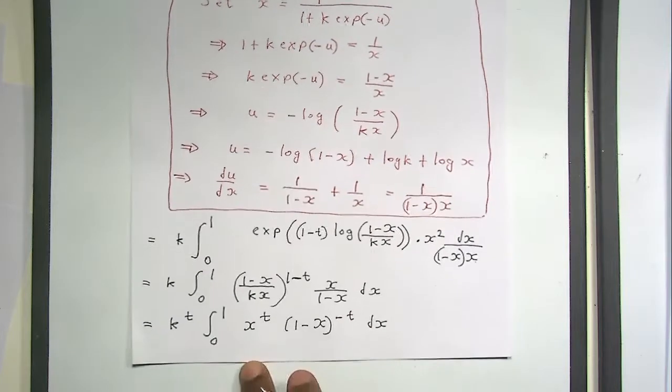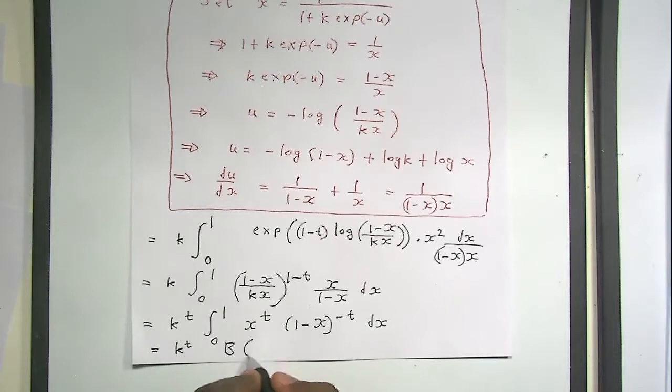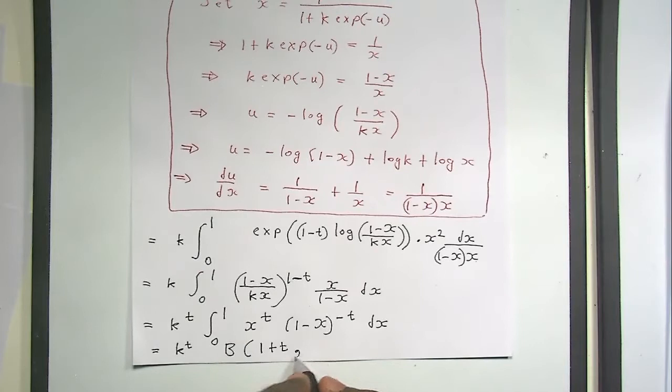And finally we can write this as the beta function at 1 plus t and 1 minus t.